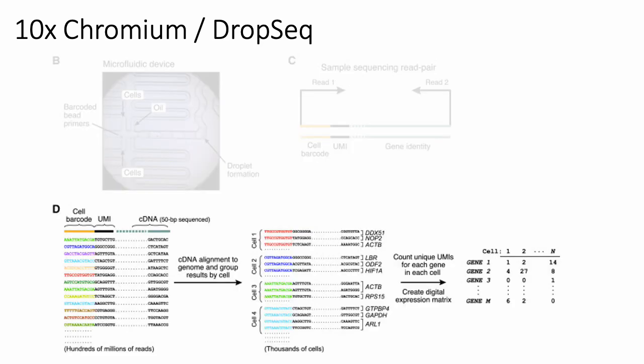And so part D illustrates a hypothetical library that corresponds to a whole bunch of cDNA sequenced from a single-cell RNA-seq experiment. The important point to note here is that this is an example of the hypothetical library that you might generate, say, before PCR amplification.